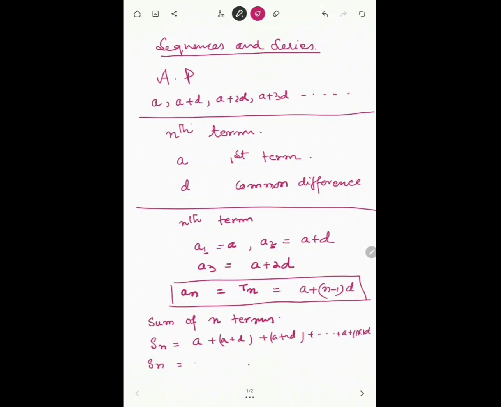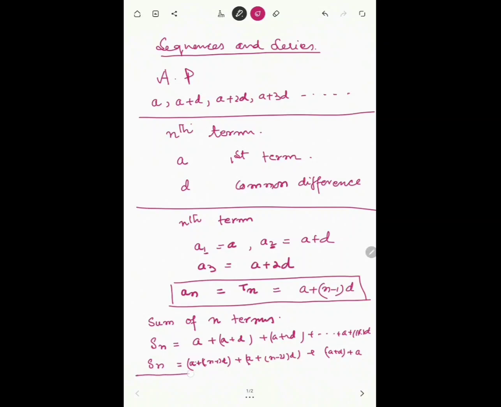For example, last term as the first term, A plus n minus 1 into D, and then second last term A plus n minus 2 D, like this, and then here it will be A first term. Before that A plus D, right?